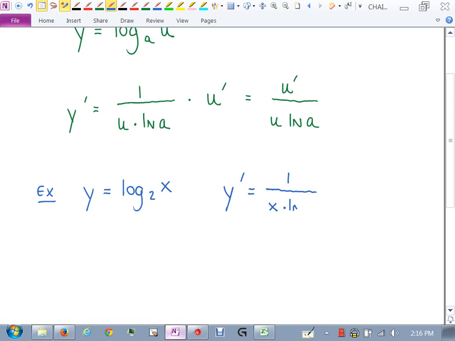Times the natural log of, in this case, 2, then times the derivative of what was in here. What's the derivative of x? With respect to x, we're going to say 1. We are assuming we're taking the derivative with respect to x right now. So your answer is just 1 over x natural log 2.